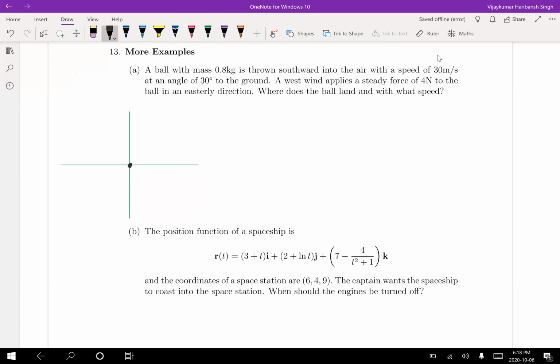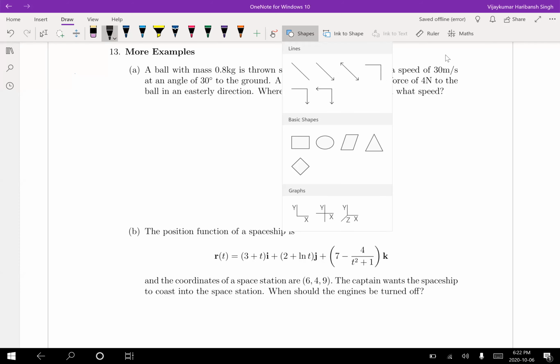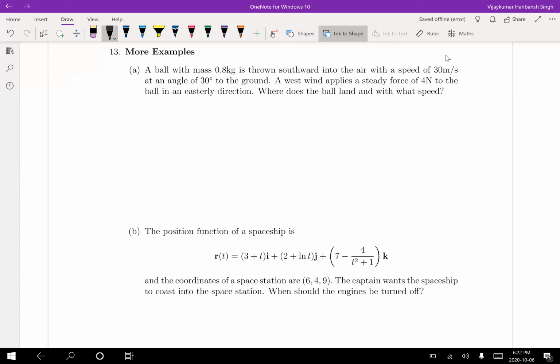Now what we have is, we'll have to place the ball at the origin. So I'm going to draw the directions now. Let this direction be eastward.